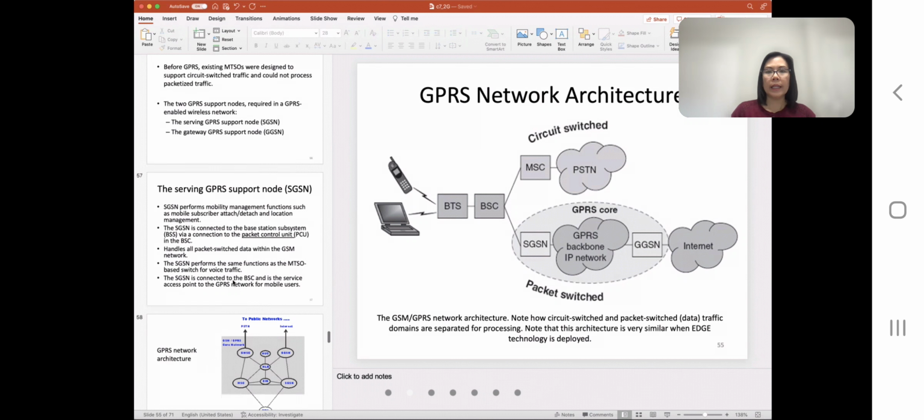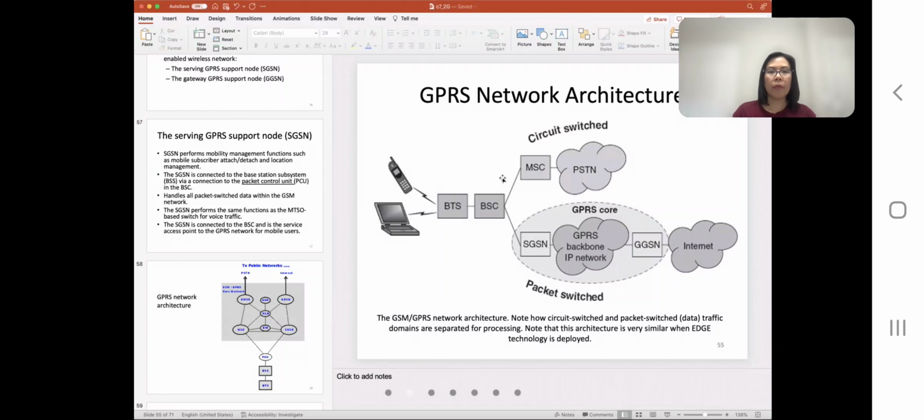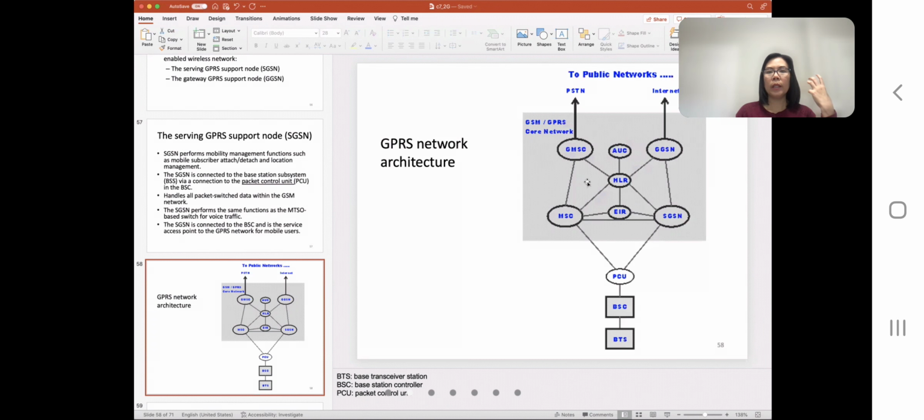So this is a high level architecture of a GSM network with two components, the voice component and the packet data component. Now, if we go into a more detailed diagram, you can see we have two parts, one on the left and one on the right.